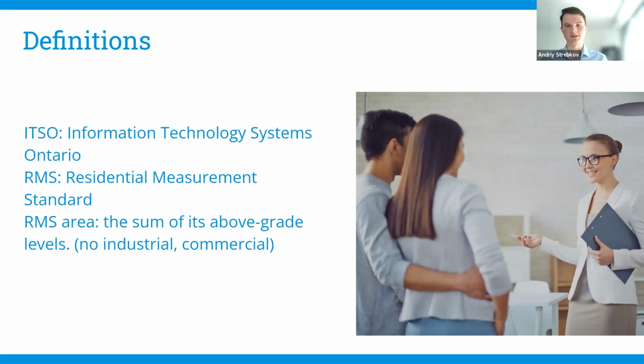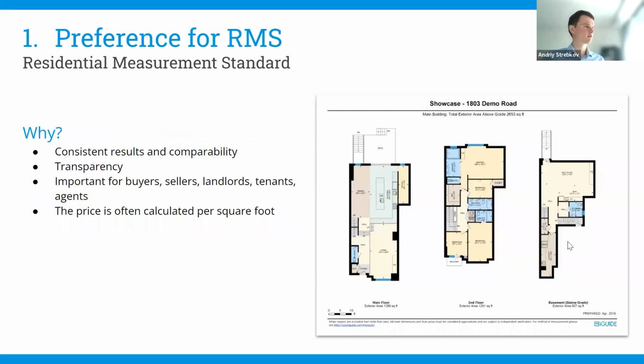The first principle of this residential measurement standard is just a preference for RMS. Whenever you report square footage, it is recommended that you choose RMS. And why? There are a few reasons. First of all, it gives you consistent results and comparability.